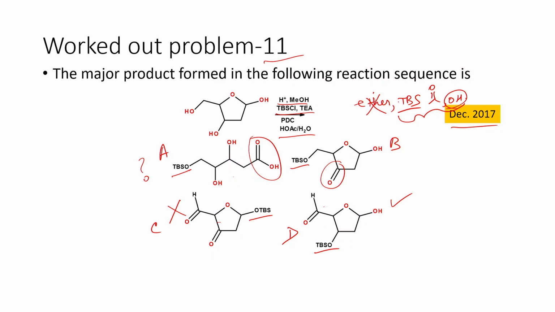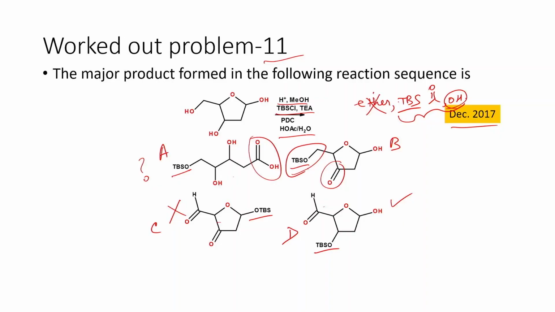Maybe B and D are having similar things. B has the ketone, D has the aldehyde. Here also we can assume that if you are going to use TBDMSCl, TBDMSCl generally protects the primary hydroxyl in the presence of secondary hydroxyl.